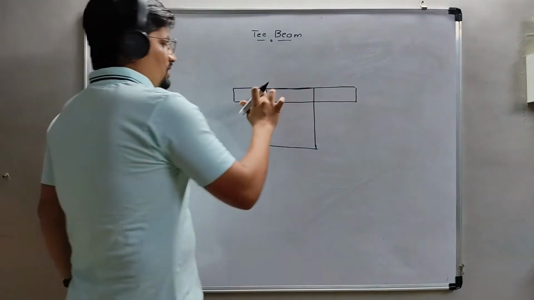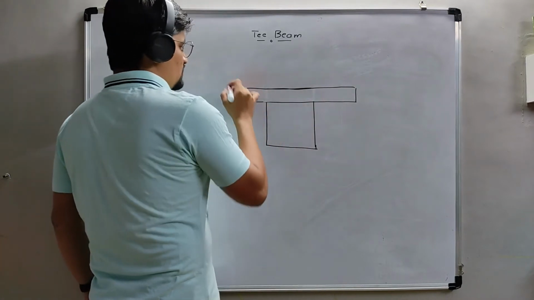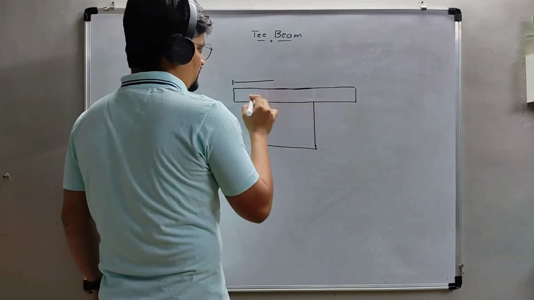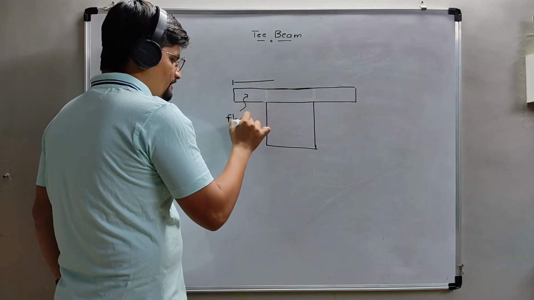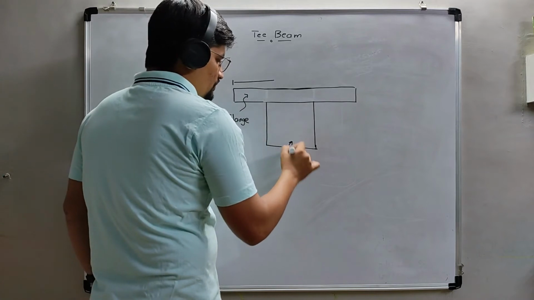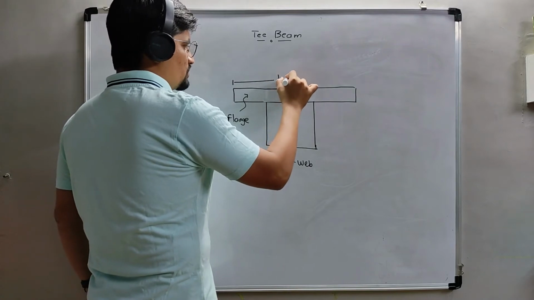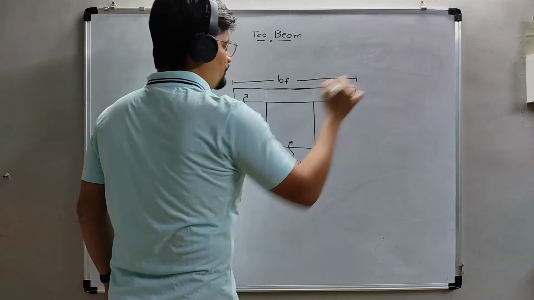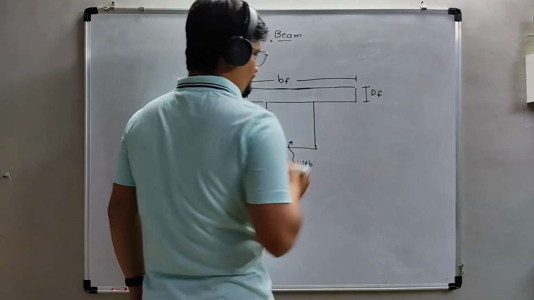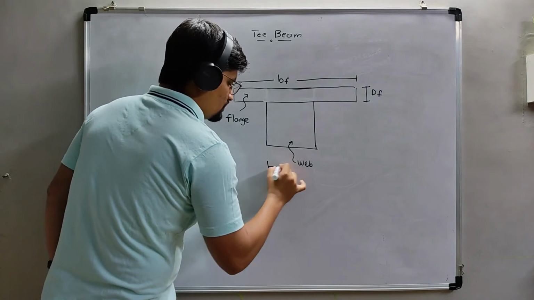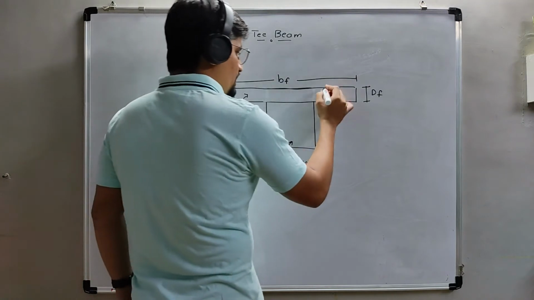Okay, so in the geometry, this is the width of the flange. This one is the flange portion and this one is the web portion. This width is the width of the flange, this is the depth of the flange, and this is the width of the web.